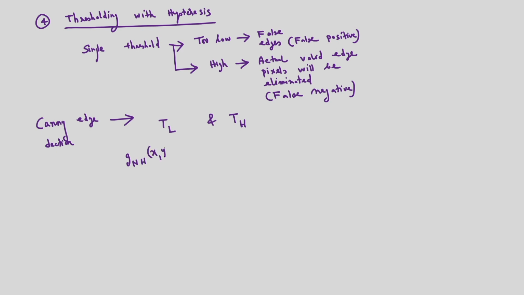By comparison with the high threshold I am getting Gnh xy, and also I can compare with the low threshold and get Gnl xy, because I have two thresholds in Canny edge detection.